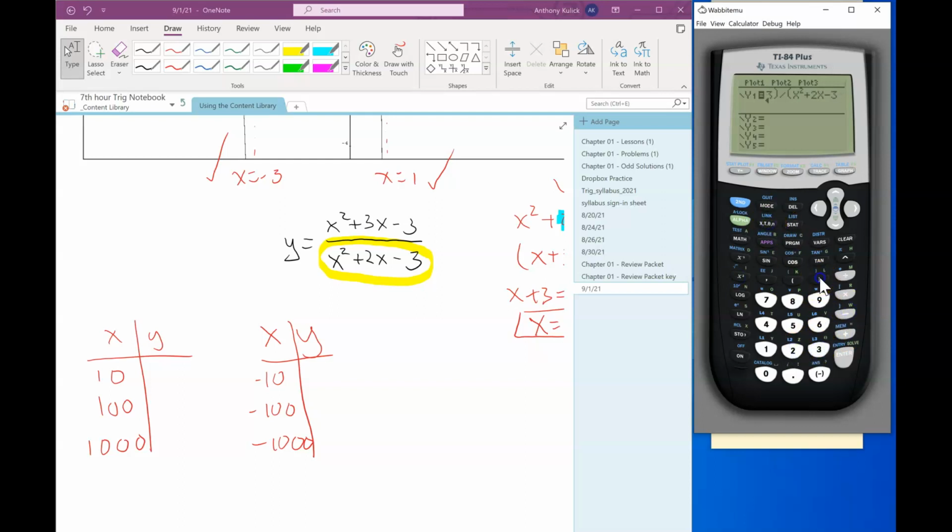Got to make sure that parentheses around each one of them separately. Once I've done that, I'm going to change my window. All I really need to change are the x min and the x max, and they have to match the smallest value that's in my table, so -1,000, and the biggest value in my table, +1,000. So I'll just change that.